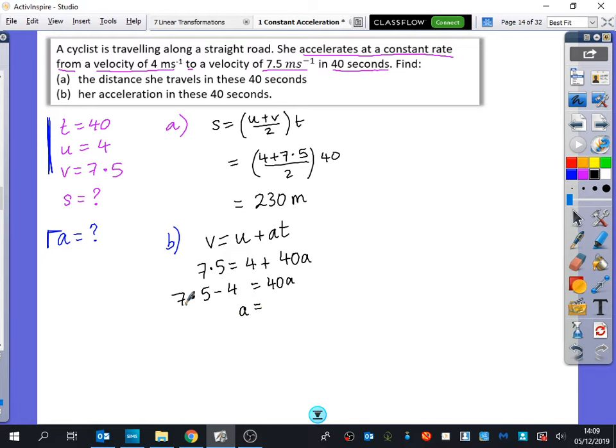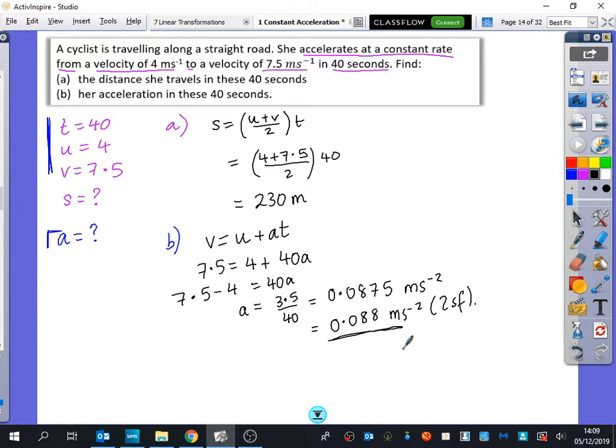So acceleration is 3.5 divided by 40, which is 0.0875 meters per second squared, because it's acceleration. If you wanted to, you could round this to two significant figures, so it would be 0.088 meters per second squared to two significant figures.